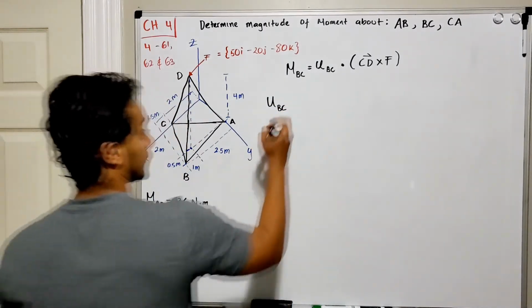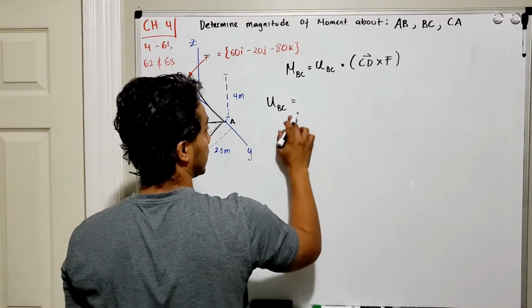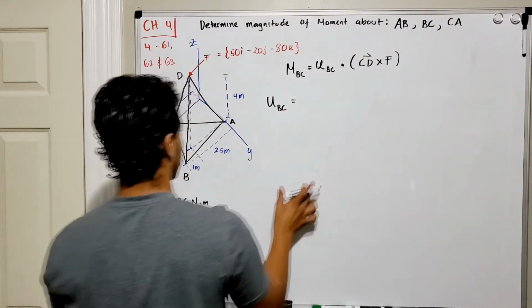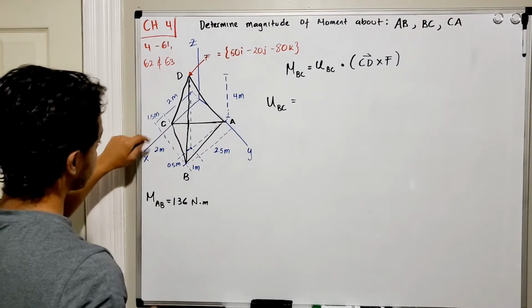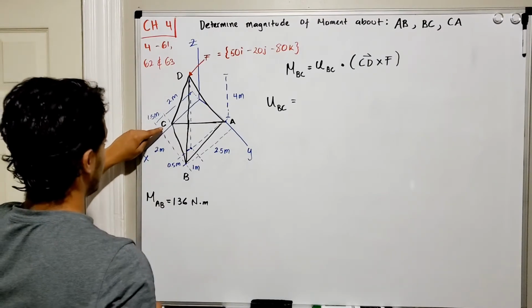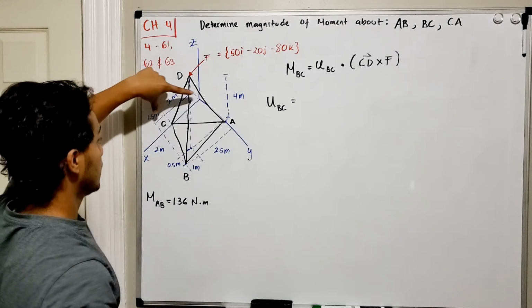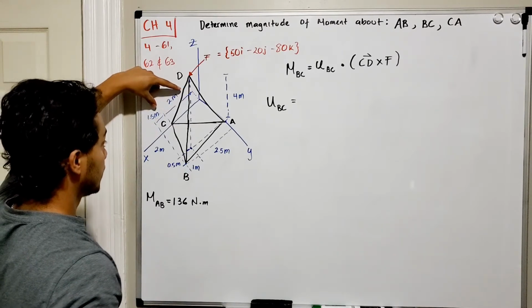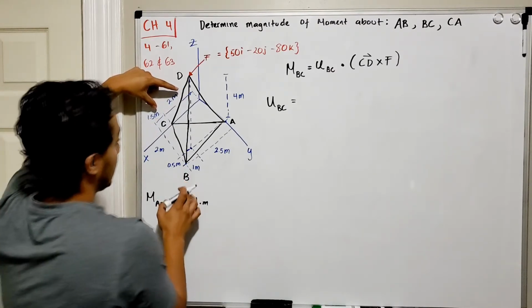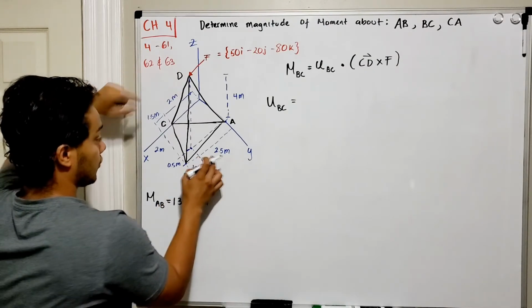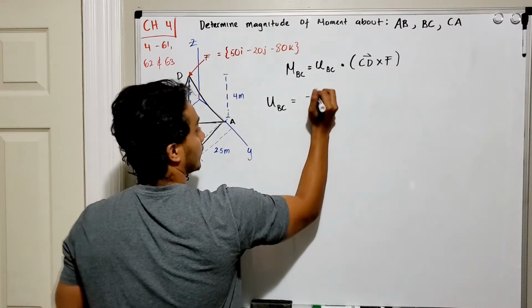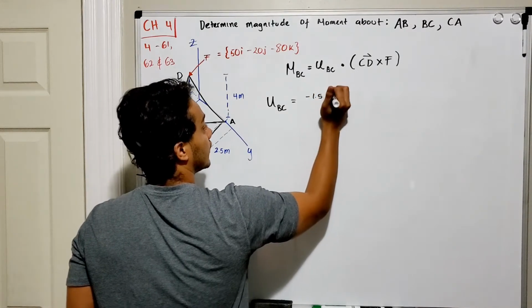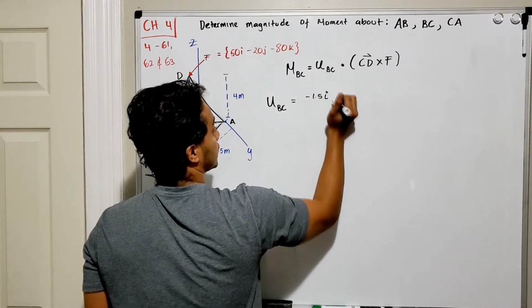So if I want to do my unit vector BC, we need BC divided by the magnitude. So if we need to do BC, we do C minus B. So C in the X direction has a total of 2 meters, and B has a total of 3.5. So we'll have negative 1.5 in the I direction.